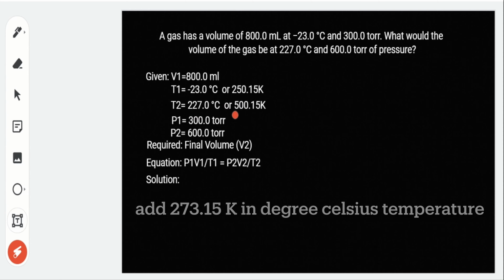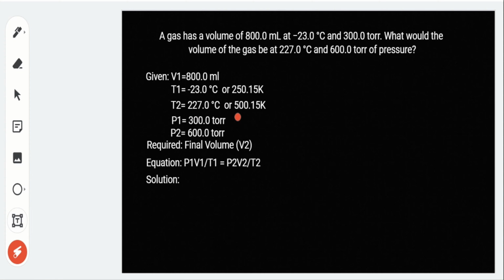Converting that into Kelvin, we have 500.15 Kelvin. Again, in any gas law problem, if you will be substituting or using the temperature, the unit must be in Kelvin all the time. And for our initial pressure, we have 300.0 torr, and for our final pressure, we have 600.0 torr.